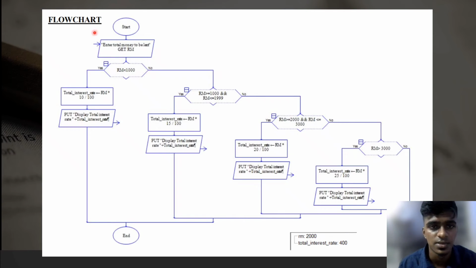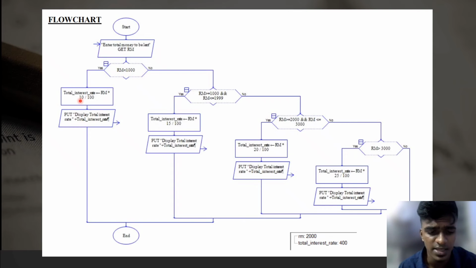First will be start, followed by an input, double quotation, enter total money to be lent, double quotation, get RM. Next it will be followed by a selection, put RM lesser than 1000 on the left side.